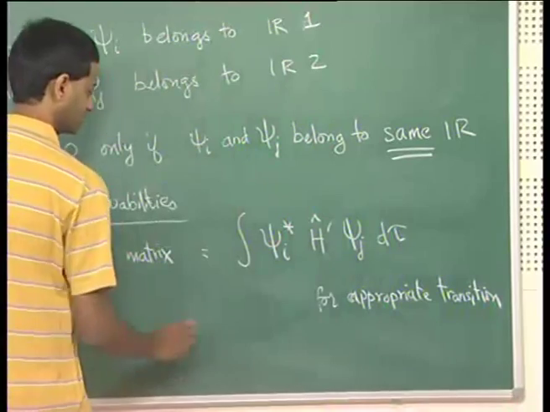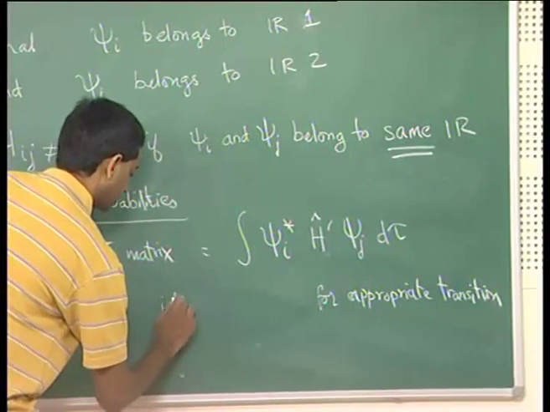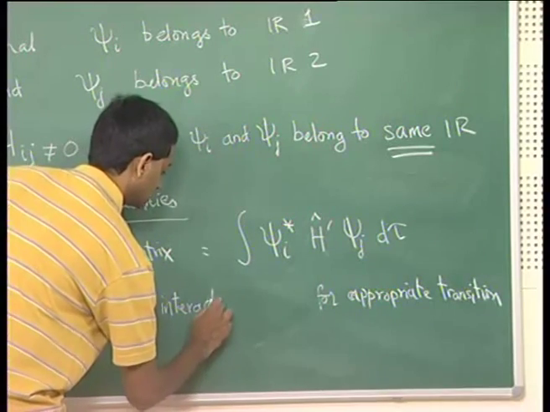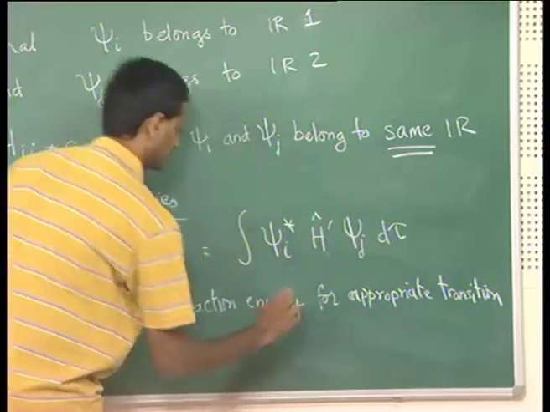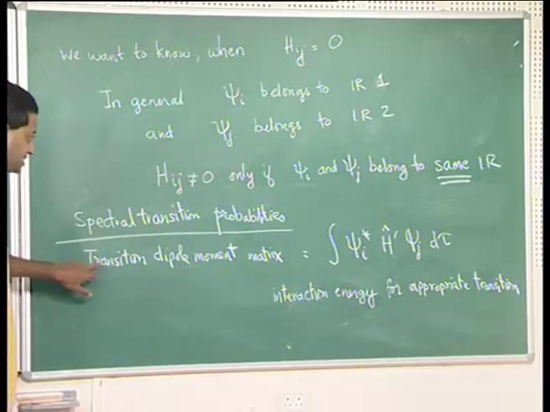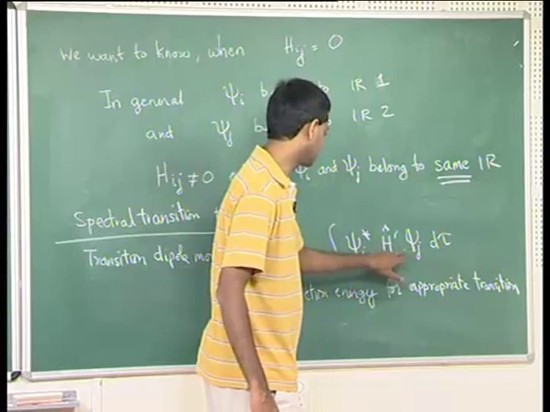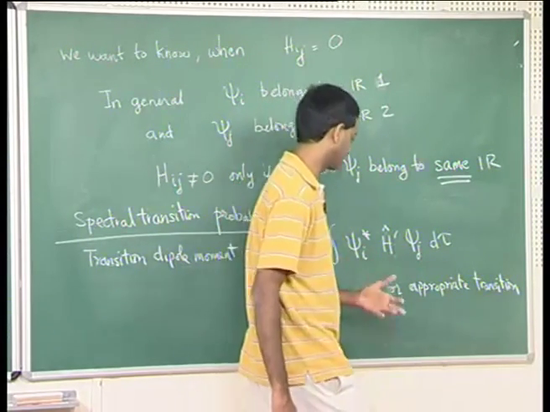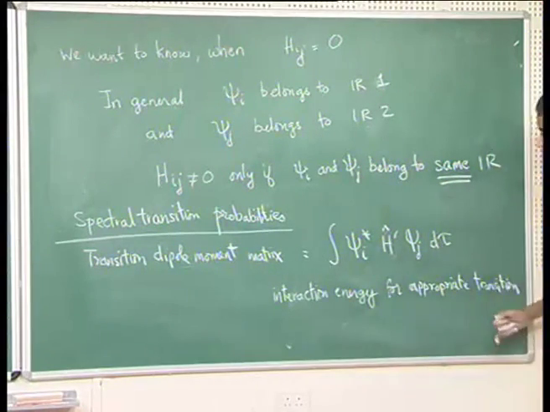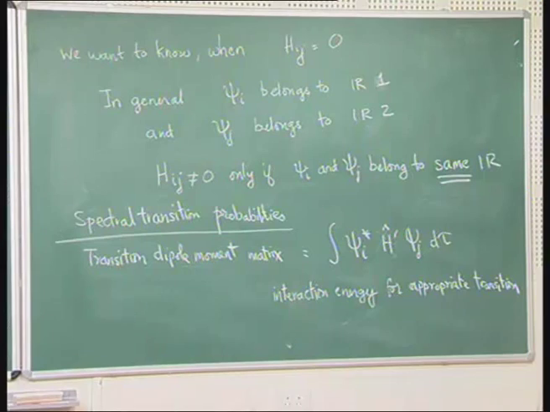This is the interaction energy for the appropriate transition. This is related to the interaction that couples with the external field or that allows this transition to take place. It is related to the interaction energy for that.